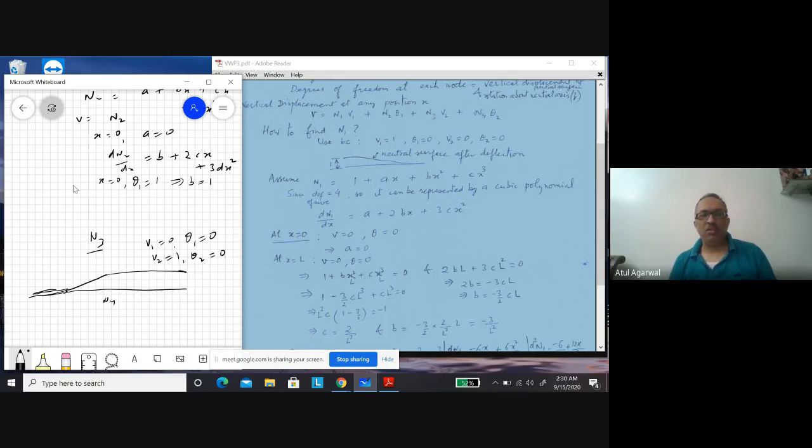How will N4 look? v1 is equal to 0, theta 1 is equal to 0, v2 is equal to 0, theta 2 is equal to 1. So that will look like this.